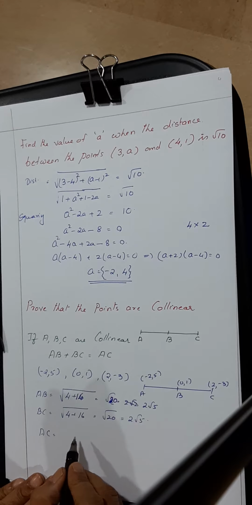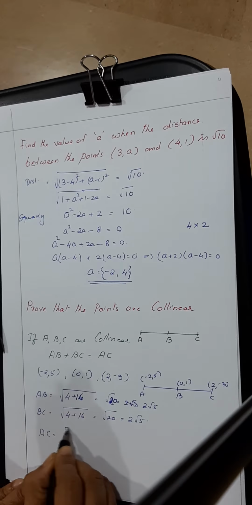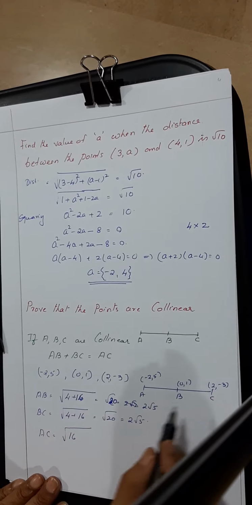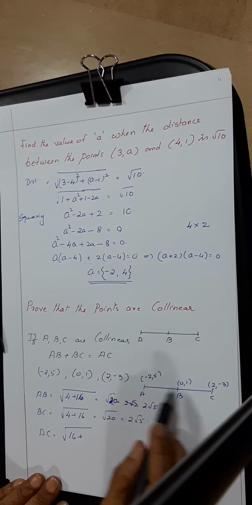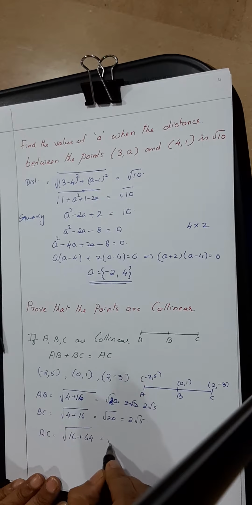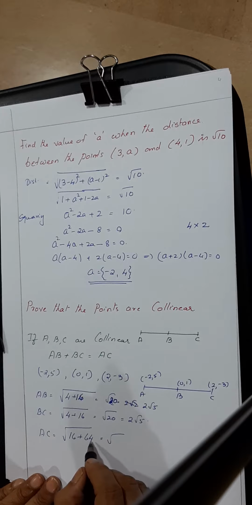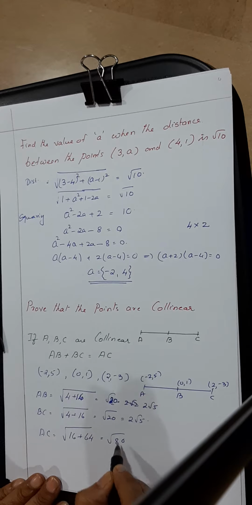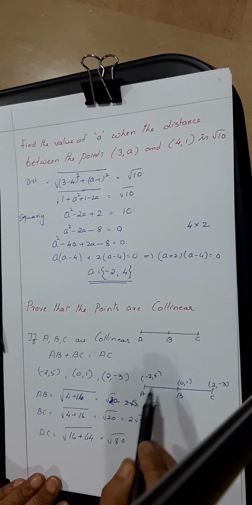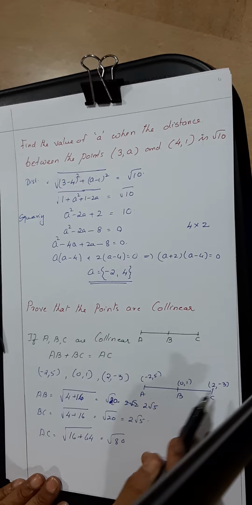Now AC is root of minus 2 is 4, 16, 5 minus 3 is 8, 64. So this is root 80. AC is 2, 16, 5 minus 3, 8.